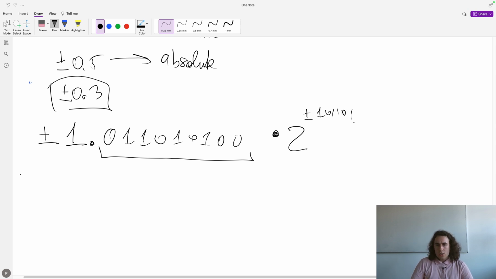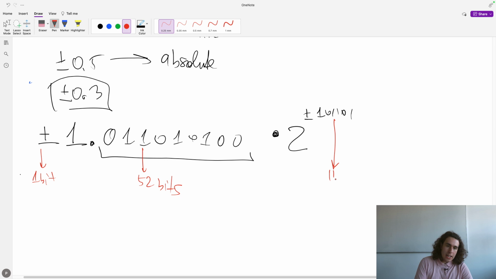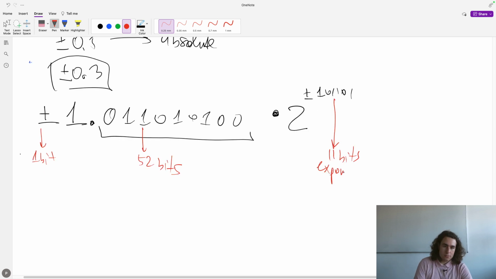So in doubles, we have 1 bit for this plus or minus, 52 bits for the digits after the dot, and 11 bits for the exponent. This is called the exponent, and this is called the significand.